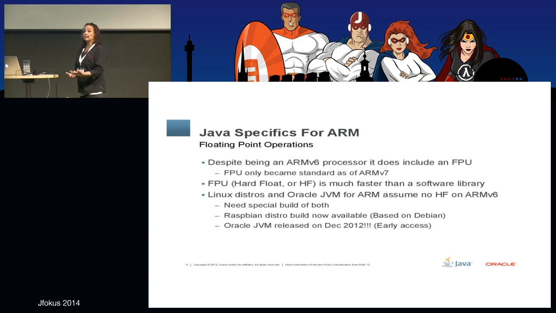Raspberry Pi is a little bit different because it does have support for hard floating point. So we have a particular release for the Raspberry Pi that includes this support, and it will run much faster than software-simulated floating point.